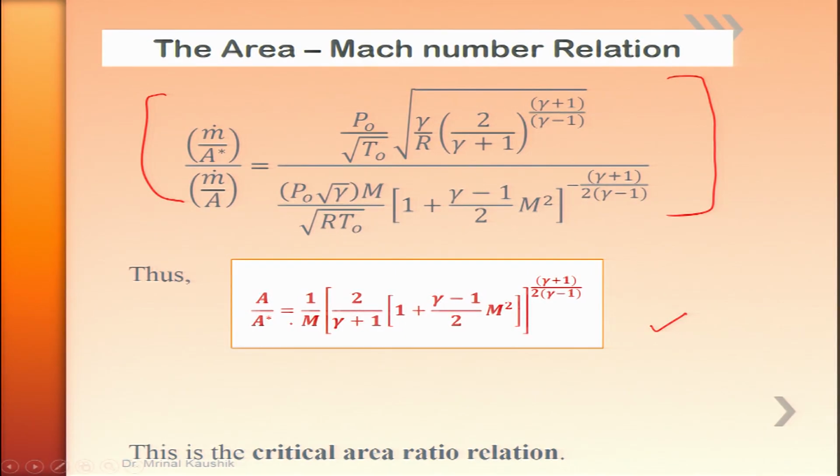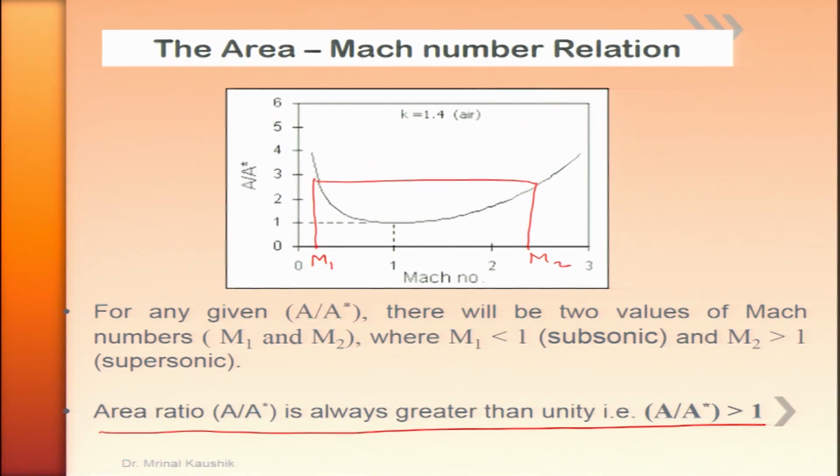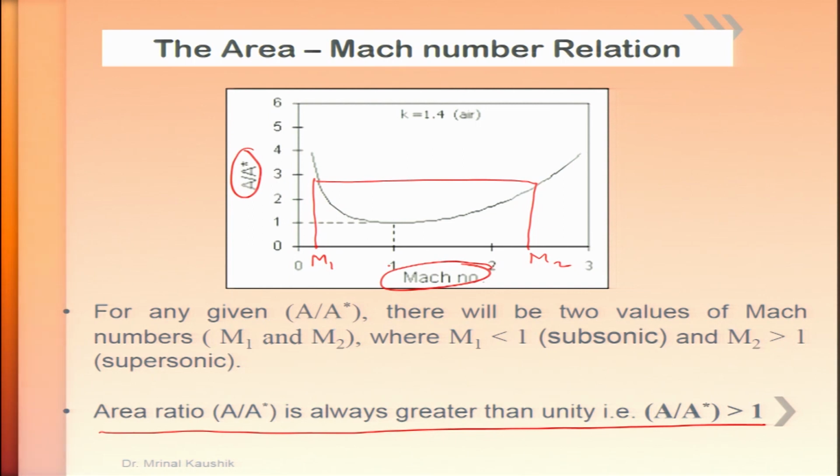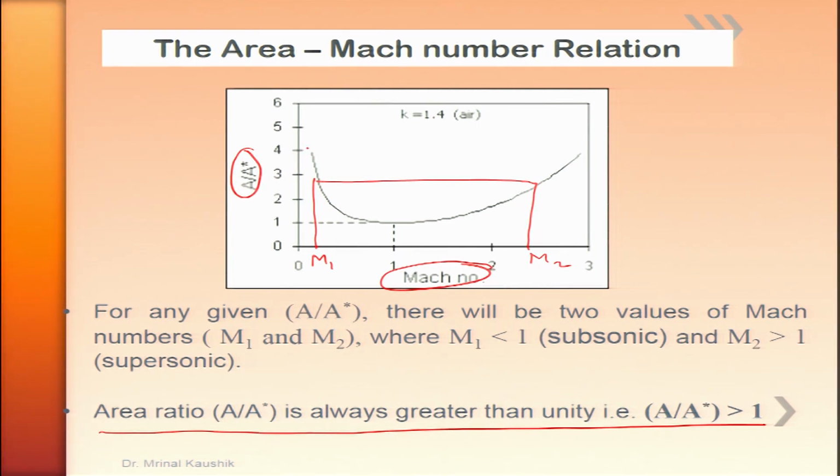I have plotted here the curve of A by A star with respect to the Mach number. The behavior is something like this, shown with the black line. You can see that if you consider a straight line for the same A by A star, if you draw a straight line something like this, which I have drawn here, then this straight line is going to cut the curve at 2 points.